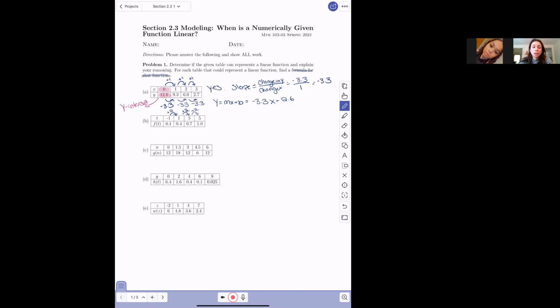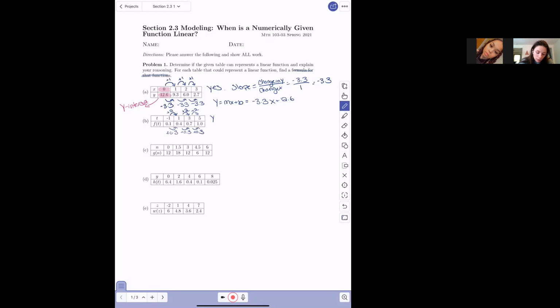And then when we check our f of t values, our y values, from 0.1 to 0.4, that's plus 0.3. From 0.4 to 0.7, that's plus 0.3. And then 0.7 to 1.0, that's plus 0.3.